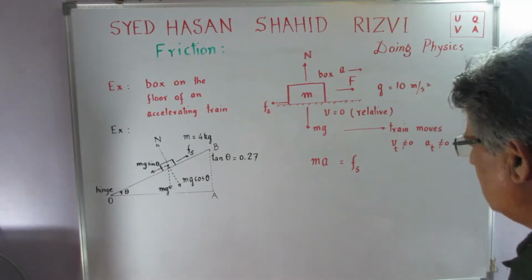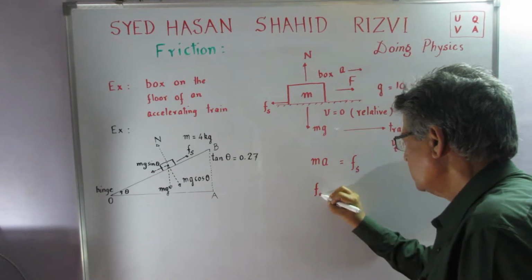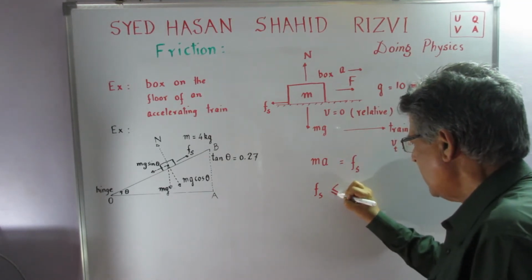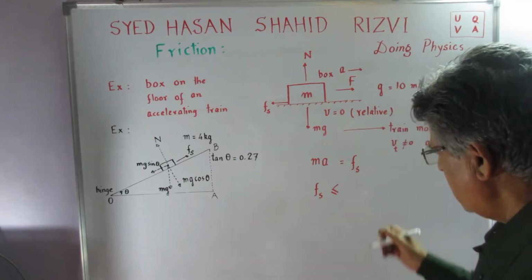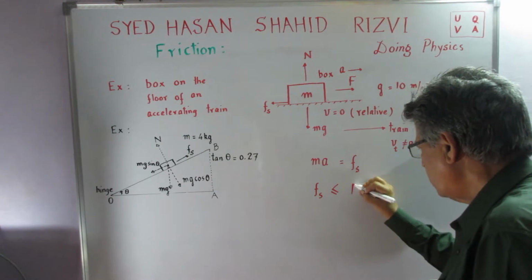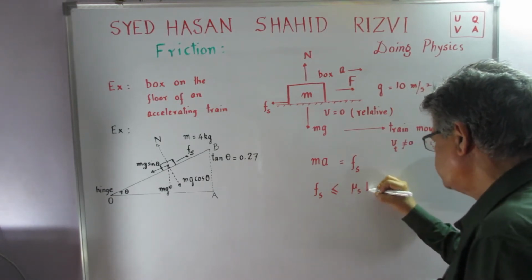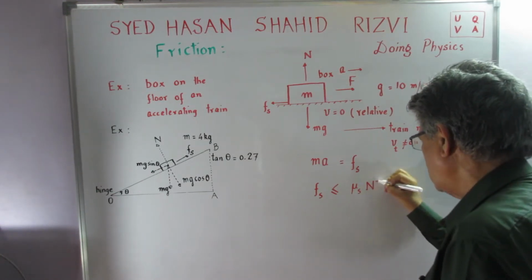And we know that this Fs force is smaller than or equal to the force mu s into n, where mu s is the limiting friction coefficient.